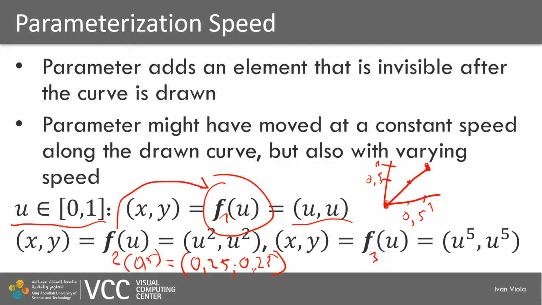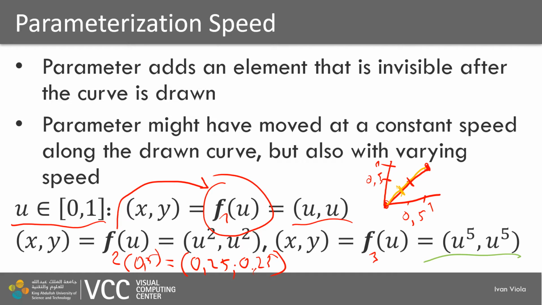So if we finally draw this function f2, it will look exactly the same. I will just draw it with an orange color. It will also look like this. However, for u equals 0.5, the value will be here, while for the other function f1, the value is located here. So, and then if we look at the function f3, the same will happen.